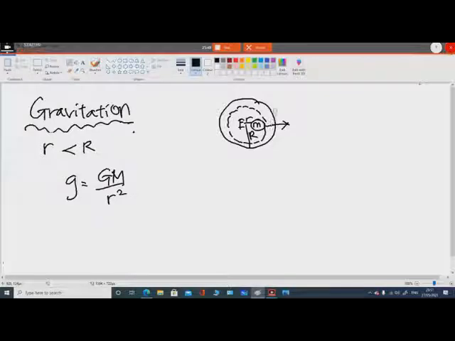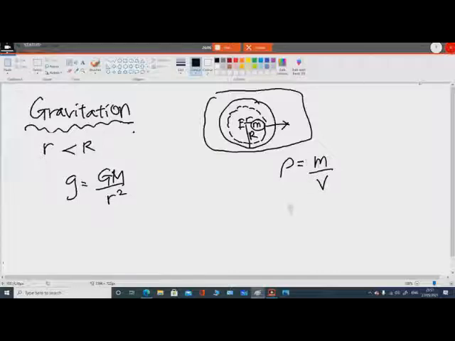As we look at this figure, we know that the mass m is still inside the Earth, so the density of the Earth is equal to m over V. So the mass of the Earth is equal to the volume times the density of the Earth.